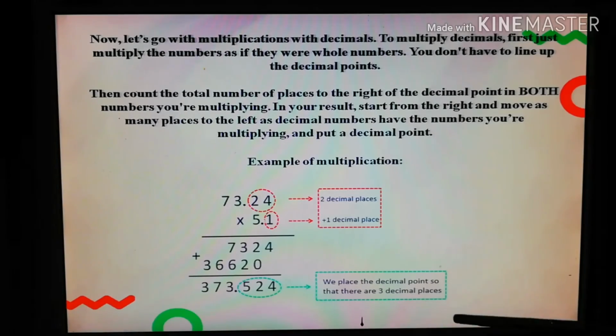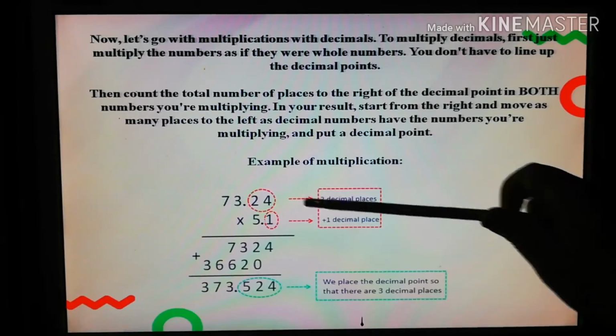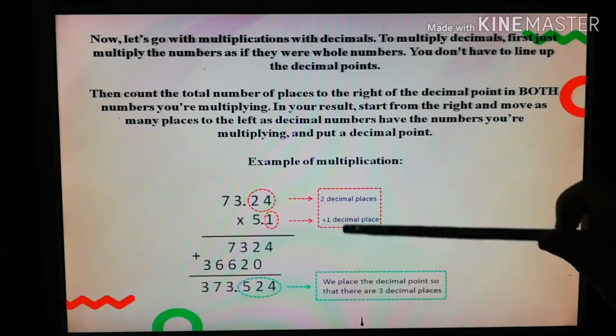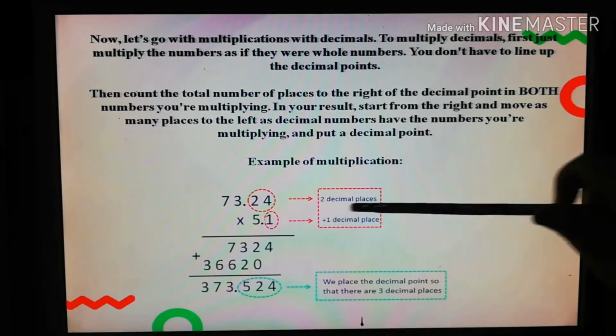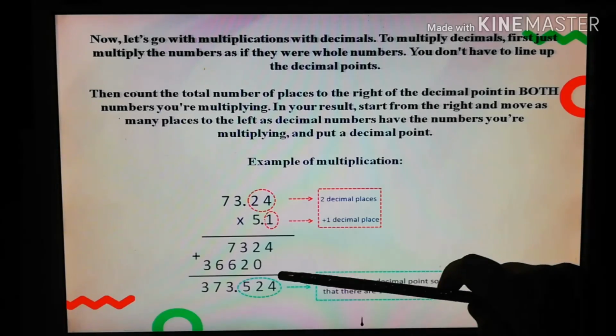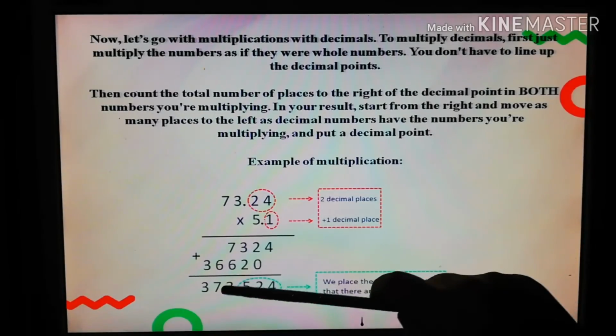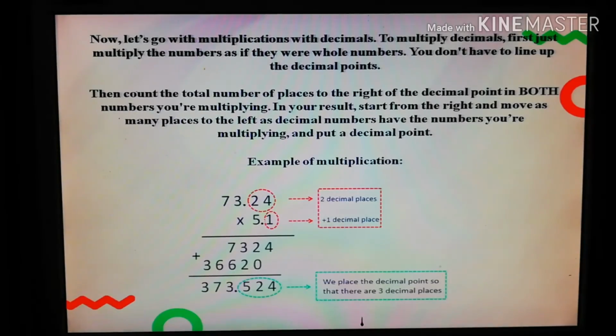We place the decimal point so that there are 3 decimal places. Why 3 decimal places? Because we have 2 decimal places in the first number we're multiplying and 1 more decimal place in the other number we are multiplying. So we count 1, 2, 3, and here we are going to place our decimal point.